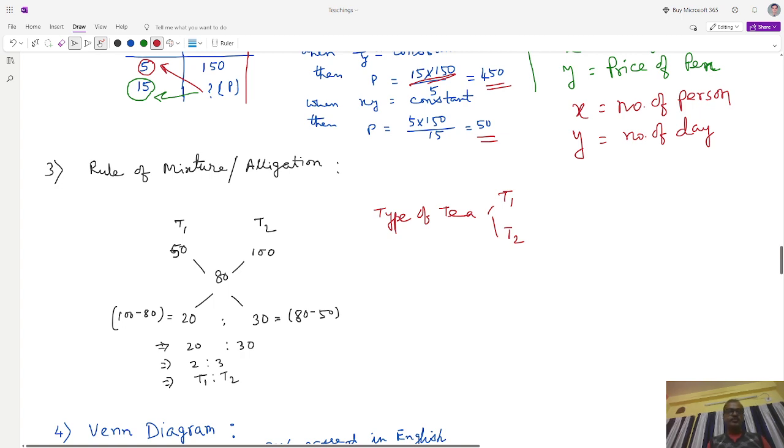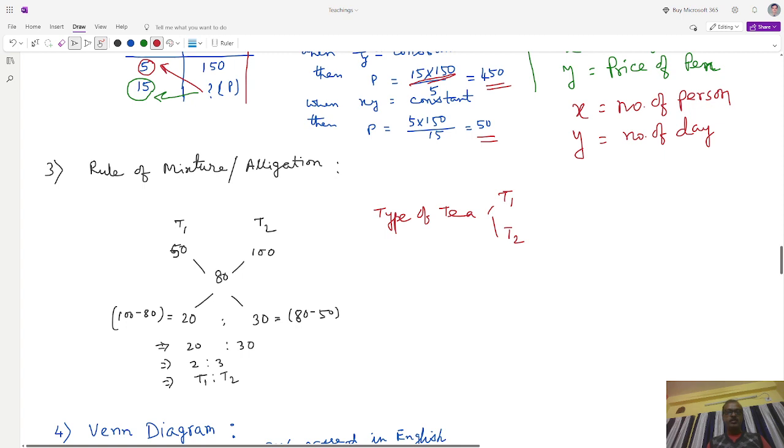This is shown here. We have to write this problem in this structure, and we subtract 50 from 80 and we get 30. Similarly, 100 minus 80 we get 20. So the ratio will be 20 is to 30.